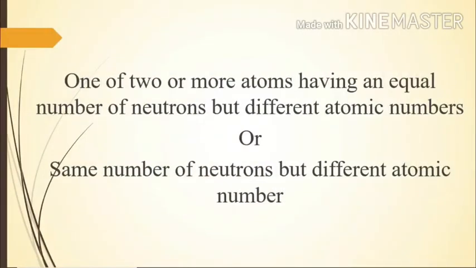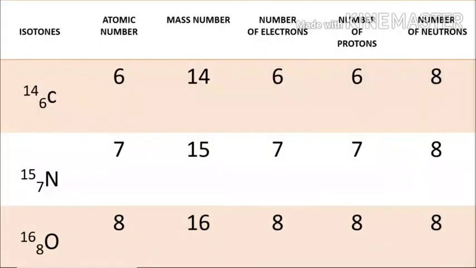Now isotones. Two or more atoms having an equal number of neutrons but different atomic numbers are known as isotones. We can see the examples here: carbon 6C14, nitrogen 7N15 and oxygen 8O16.